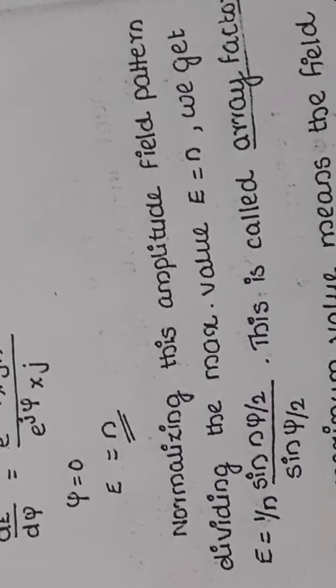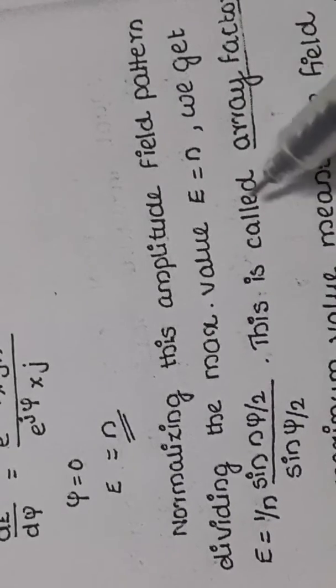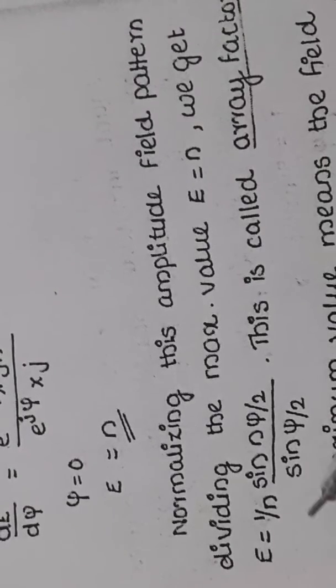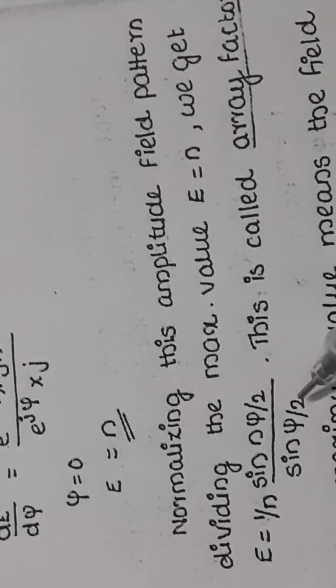Normalizing this amplitude field pattern by dividing by the maximum value n, we get E equal to 1/n into sin(nψ/2)/sin(ψ/2). This is called the array factor.